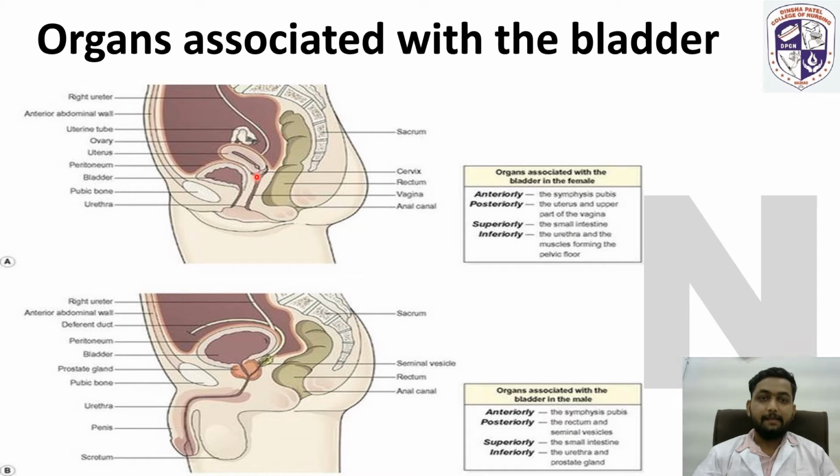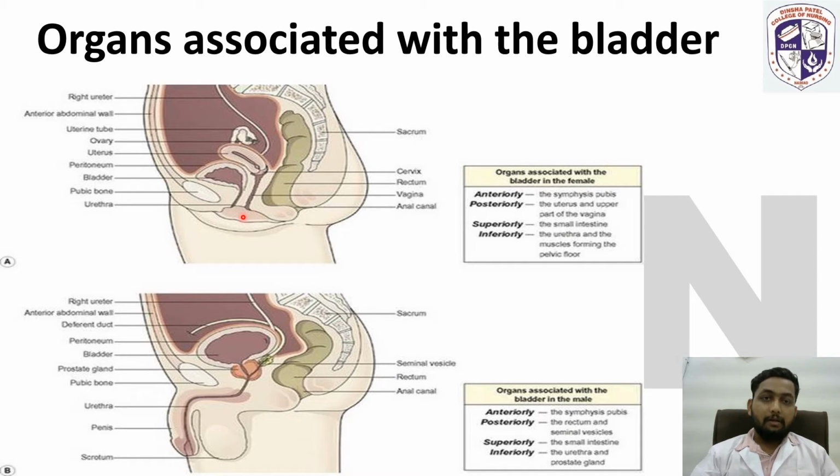Here we can see it. On the superior, means on the upper side, there is the abdominal cavity in which the small intestine is there. And on the inferior side, there is the urethra and the muscle forming the pelvic floor.